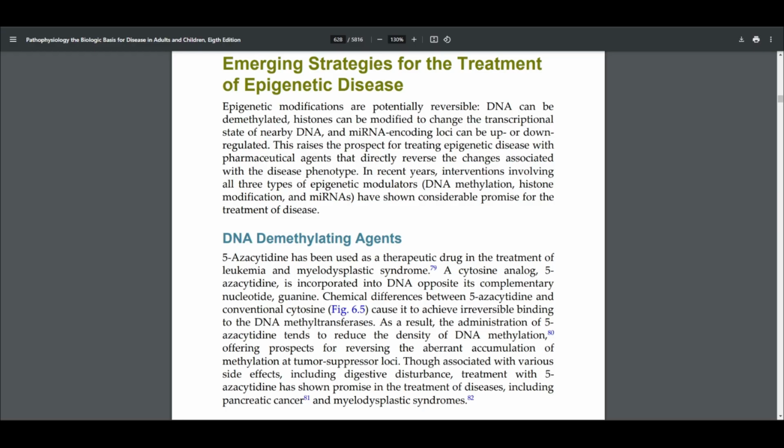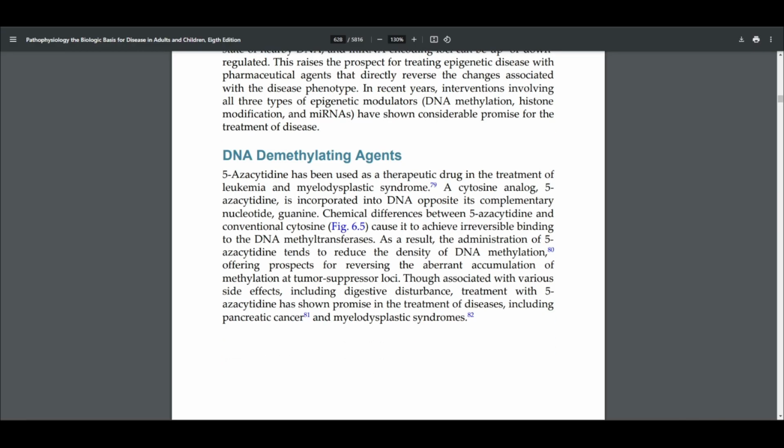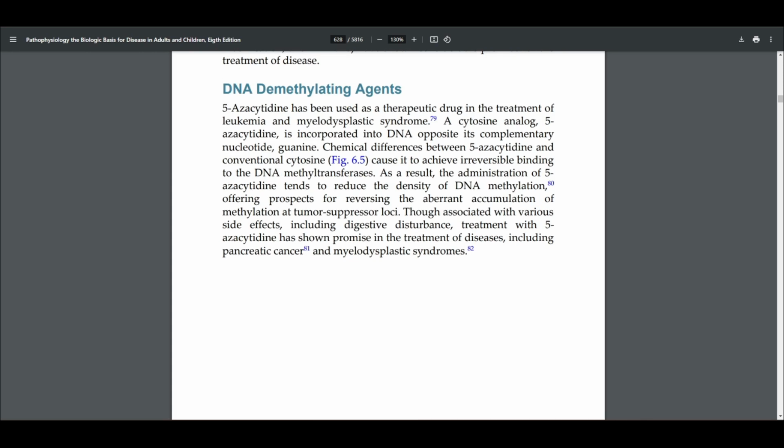So, DNA demethylating agents. 5-azacitidine has been used as a therapeutic drug in the treatment of leukemia and myelodysplastic syndrome. A cytosine analog, 5-azacitidine is incorporated into DNA opposite its complementary nucleotide guanine.